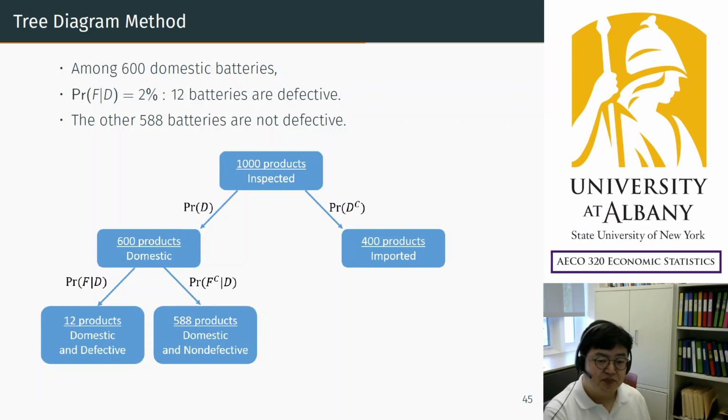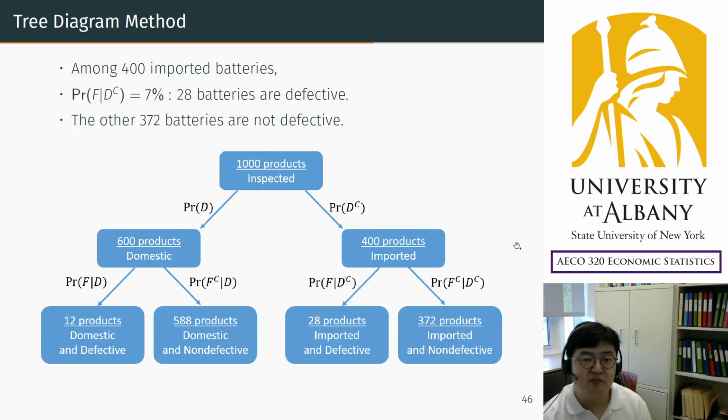And then once you pick up 12 batteries out of 600, the other batteries are good batteries, okay batteries. So automatically the number is 588. So you already made two piles of batteries. They are two of the four types. We are going to do the same thing for the other side, the imported batteries.